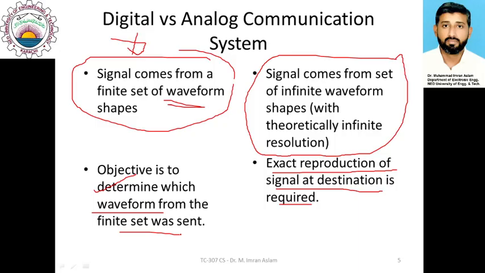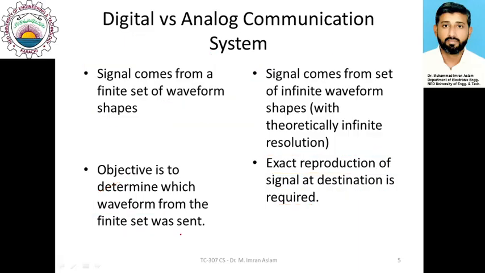Even if there is a shape change in the waveforms, we are still able to make correct decisions at the receiver side. That is a big advantage of digital communication: by making a correct decision even with the contamination of noise and interference, we can establish a secure and reliable communication in digital systems.